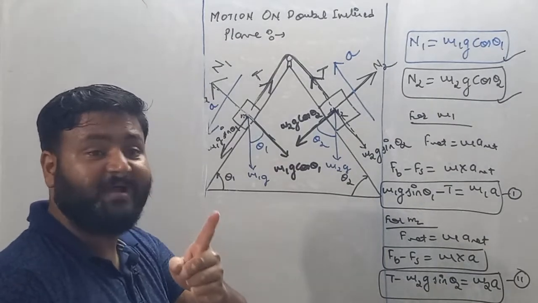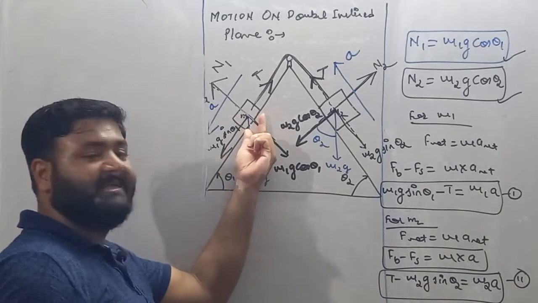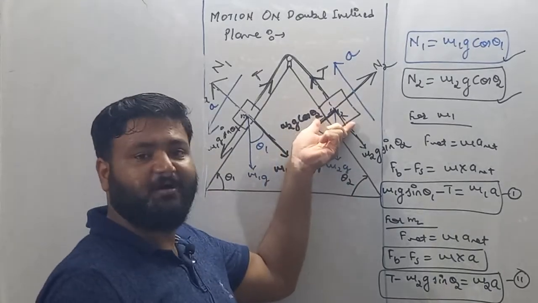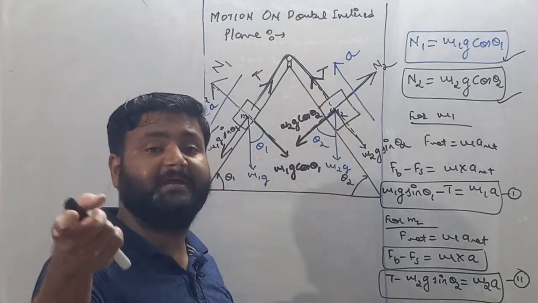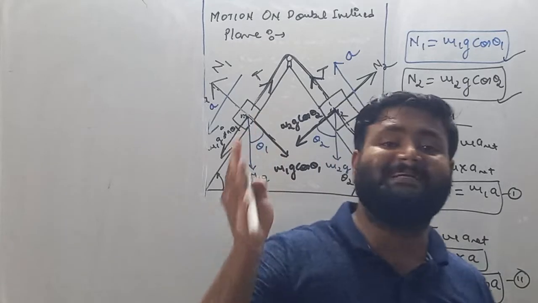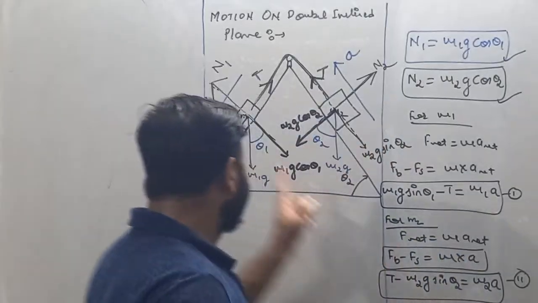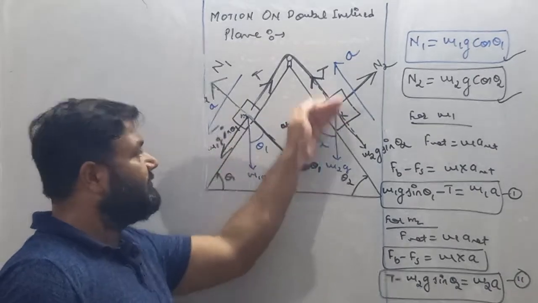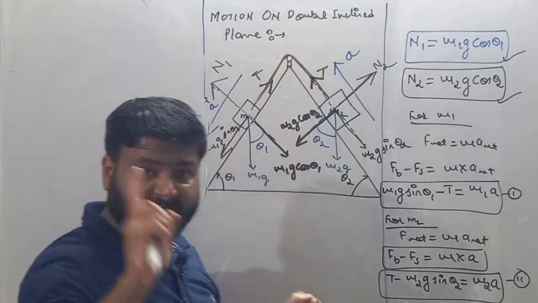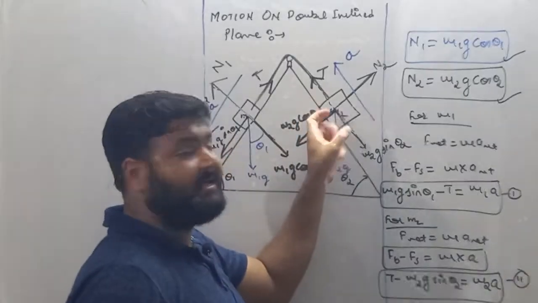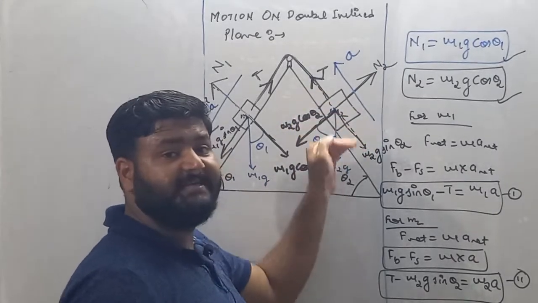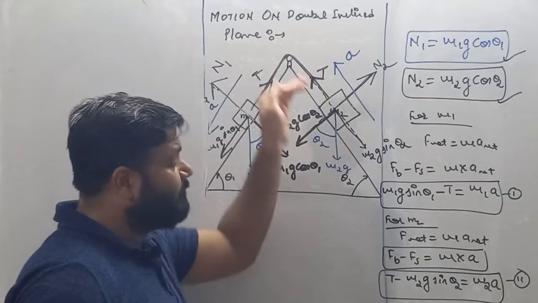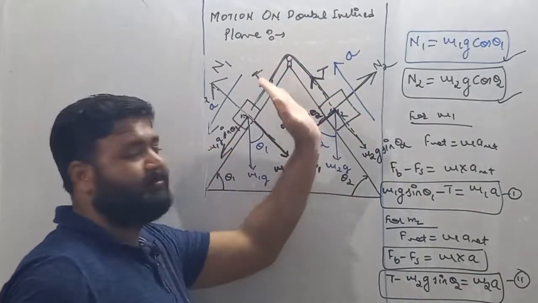So you have to first find m sine theta of this mass, then find m sine theta of this mass, then compare which m sine theta is greater. If this side m sine theta is greater, then this body comes down and this body goes up. But if this side m sine theta is greater than the other side, then this block moves down and this block moves up.